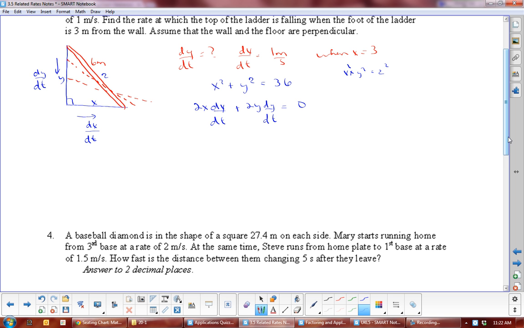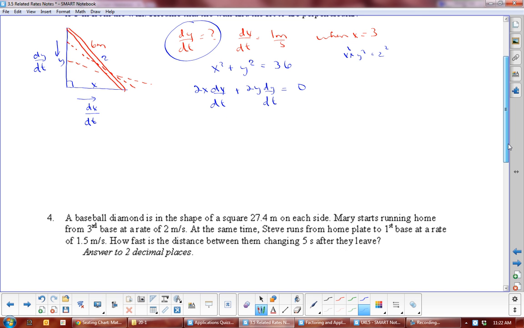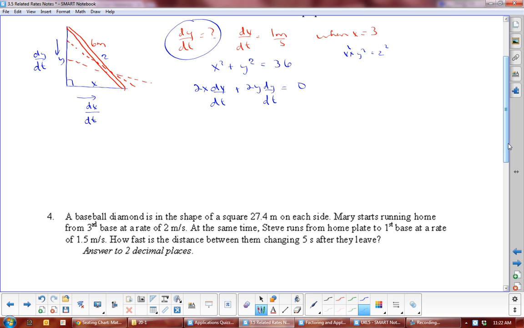Now let's just get this set up to solve. We want dy over dt. Okay? So let's just move the other term. I'm going to leave 2y dy over dt here. And the other one, I'm going to move to the other side, 2x dx over dt.